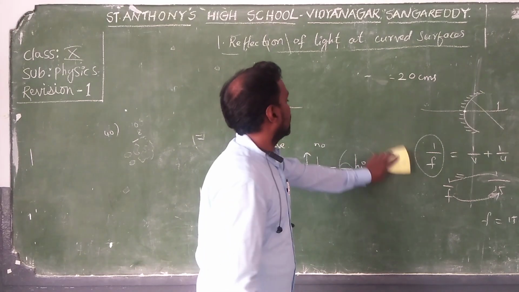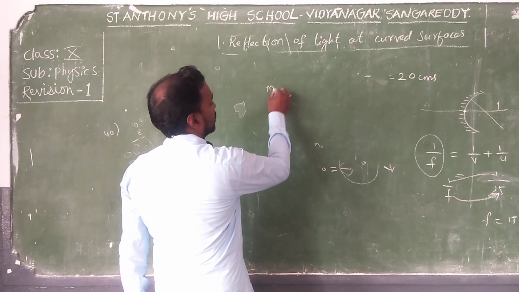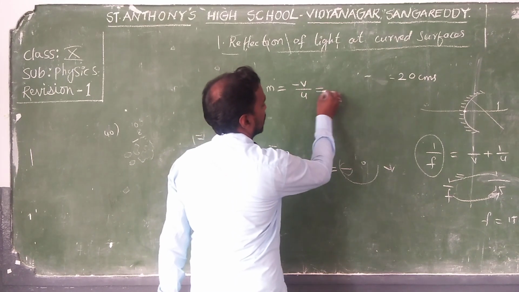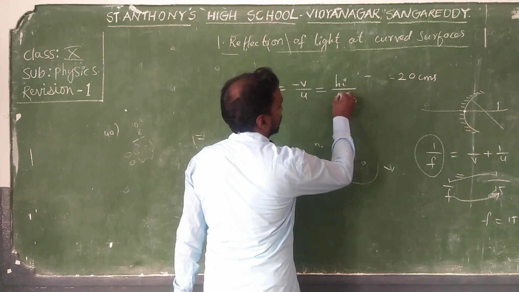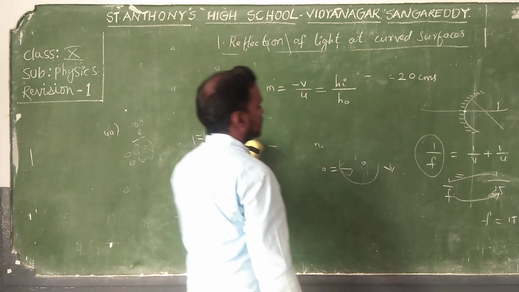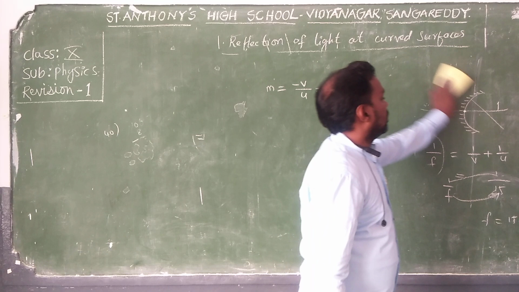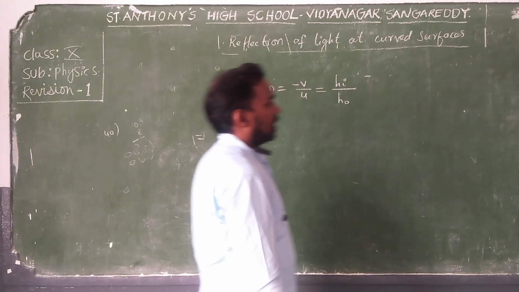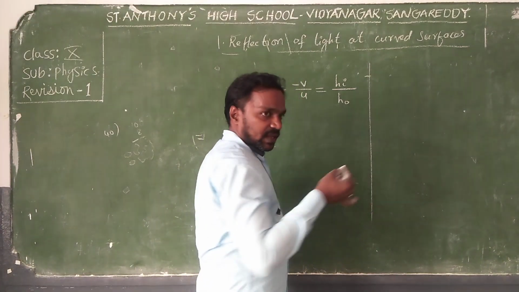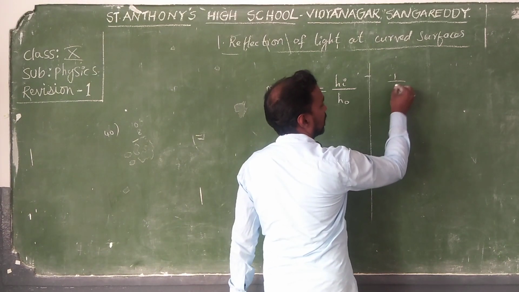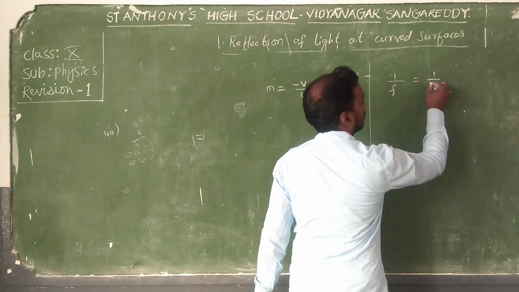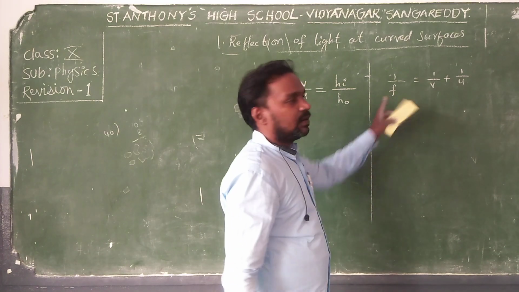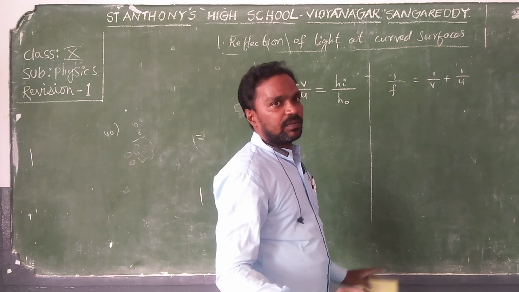Similarly, magnification has two formulas. One is m is equal to minus v by u. That is equal to hi by ho, that means height of the image or size of the image by size of the object. Using this one, we can solve this example. And if you want to do it in very little time, take the formula 1 by f is equal to 1 by v plus 1 by u. Suppose you want to find the f value directly, not 1 by f.